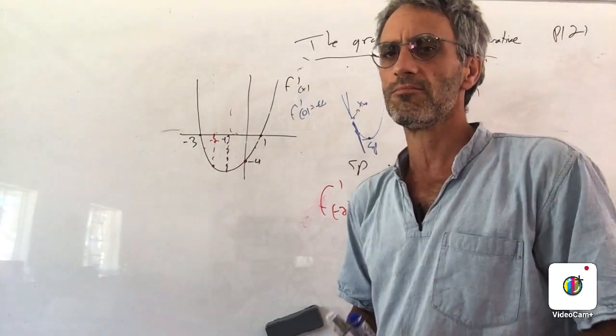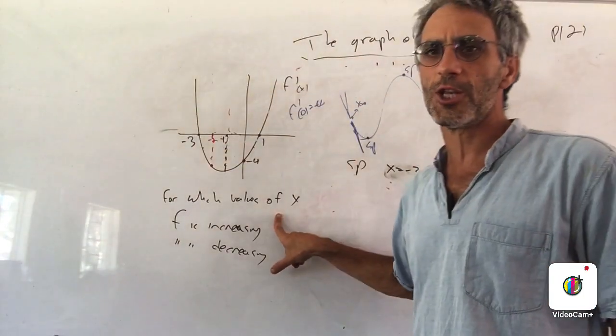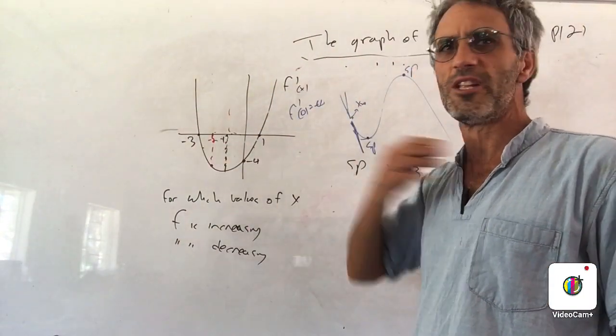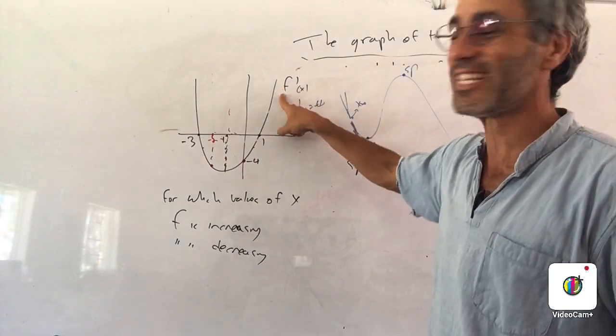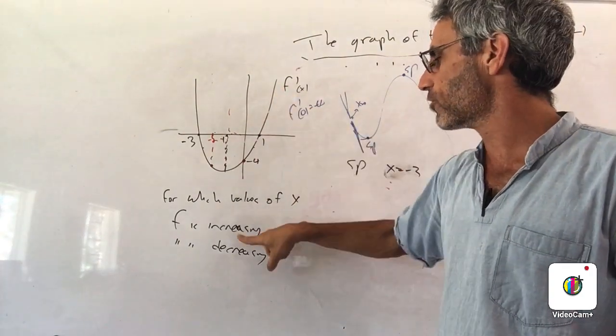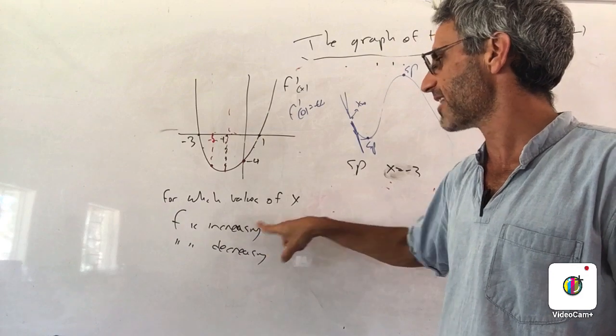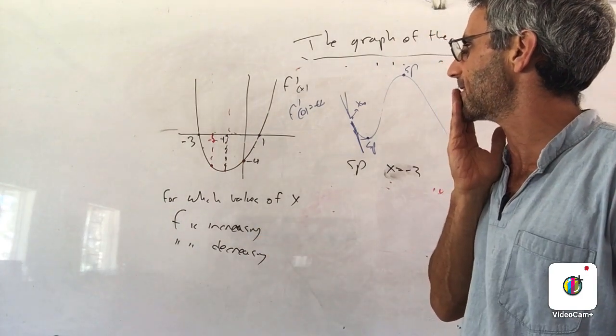It's quite a difficult question. Guys, they're asking us for which values of x. This is kind of similar to what we did with graph interpretation. Looking at the graph of the derivative, for which values of x is f increasing? When is f increasing?